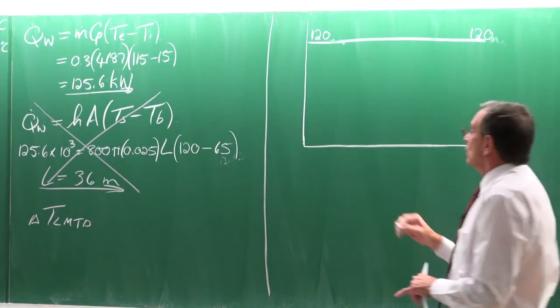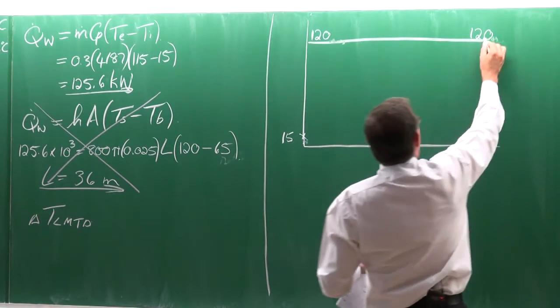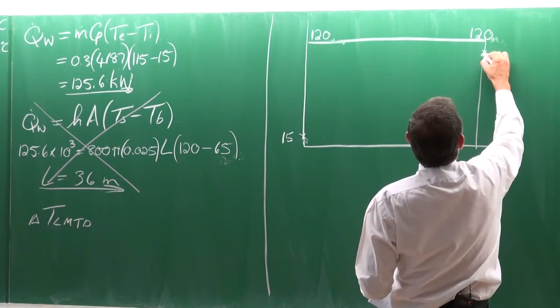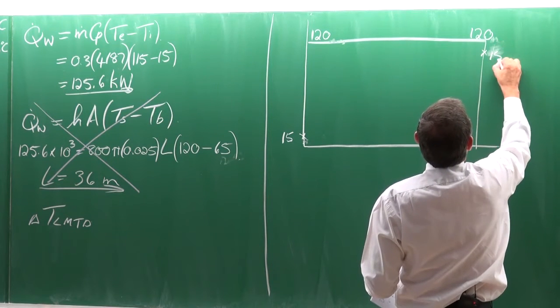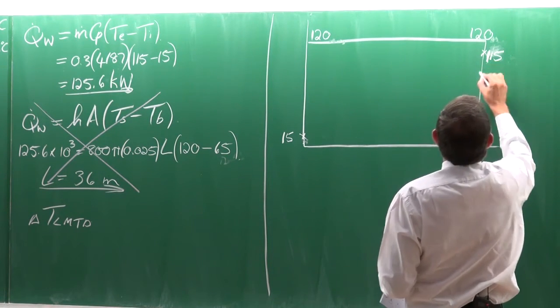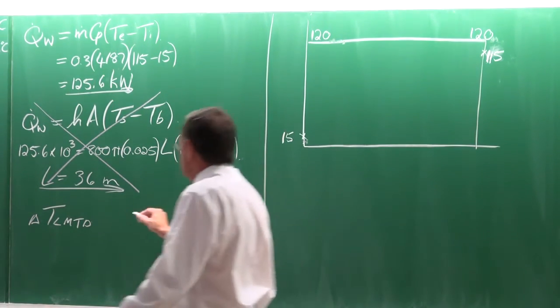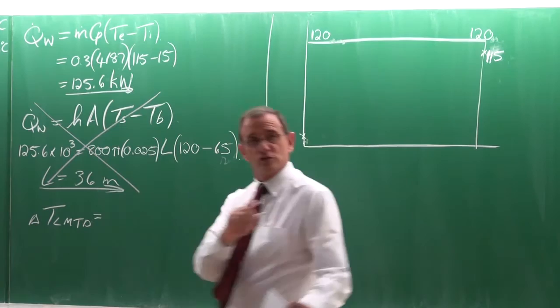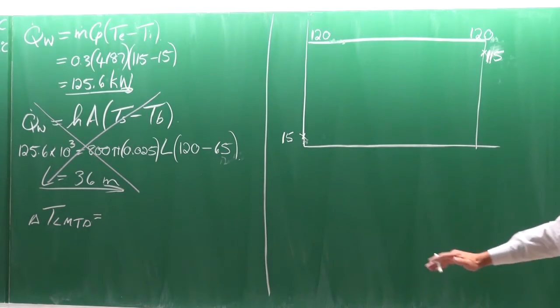Your inlet temperature is 15 and the outlet temperature is 115. So the LMTD is, and maybe you must first stop writing and look, and then I will give you an opportunity afterwards to write.